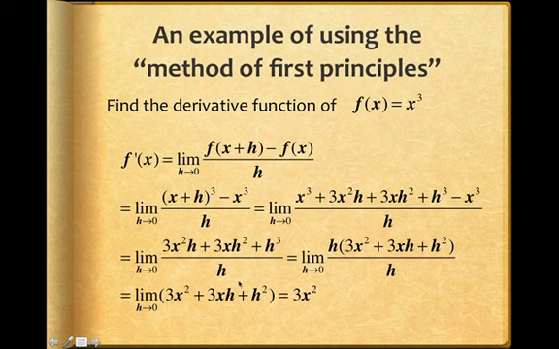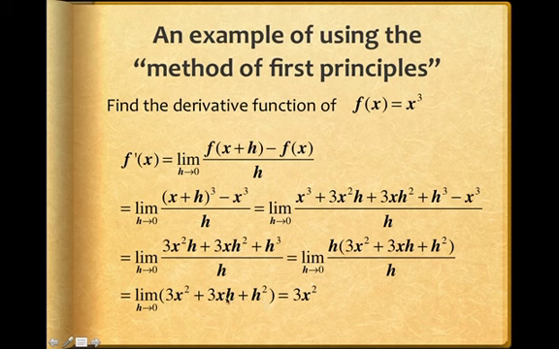We divide each term by h, or we can factor out h and then divide, and we get something like this. Now, as h gets closer and closer and closer to 0, infinitely close to 0, we'll notice that this becomes closer and closer to 0 as well, and this becomes closer and closer to 0.